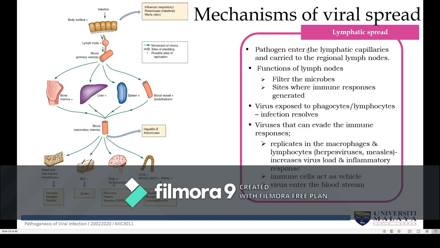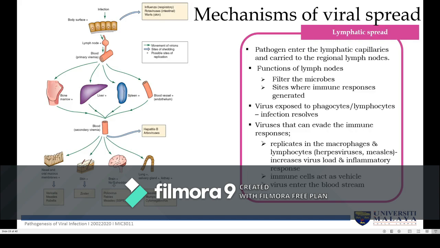When it enters the lymphatic capillary, it will be carried to the regional lymph nodes. The function of the lymph nodes is usually to filter microbes, because it is a site where the immune response is generated. There are a lot of phagocytes and lymphocytes there. Usually if the virus is exposed to these immune cells, the infection will resolve.